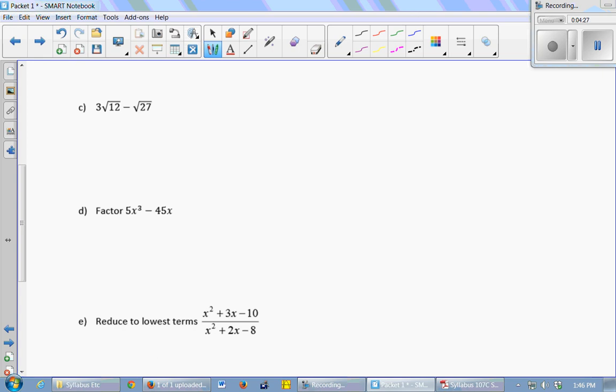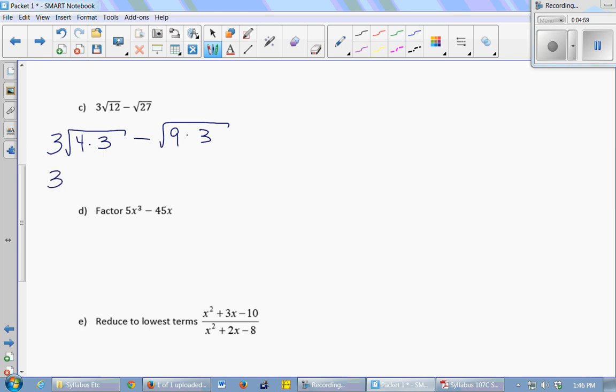Okay, so 3 root 12. This becomes 3 times the square root of 12. I want to rewrite it as a product of a perfect square times something. 4 times 3, yeah, because 4 is a perfect square and it goes into 12. And then 27, I want to rewrite, yeah, 9 and 3. All right, so then the square root of 4, I can simplify to what? 2.